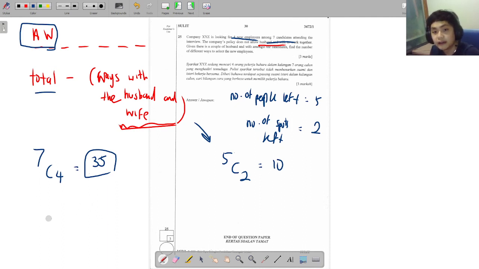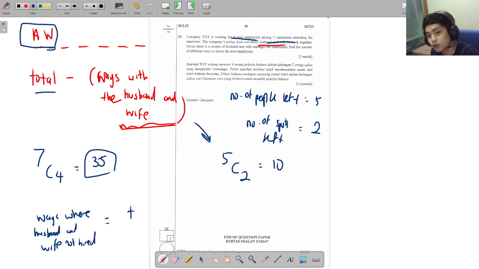Therefore, we can find, so the ways where husband and wife are not hired is equal to the total minus the ways the husband and wife are hired.